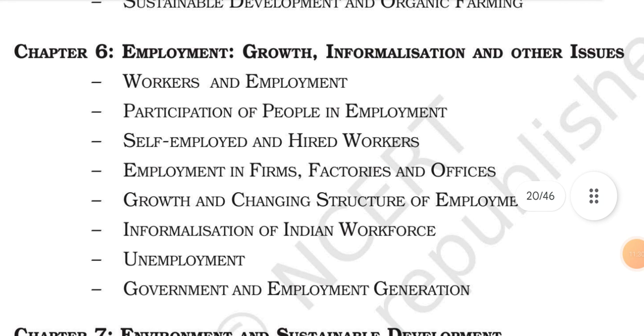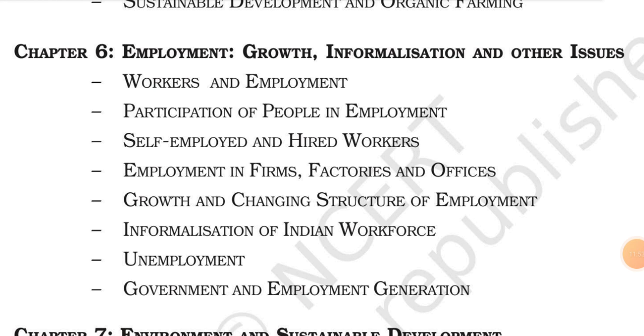Chapter 6, Employment: Growth, Informalization and Other Issues. Workers and employment. Participation of people in employment. Self-employed and hired workers. Employment in firms, factories and offices. Growth and changing structure of employment.